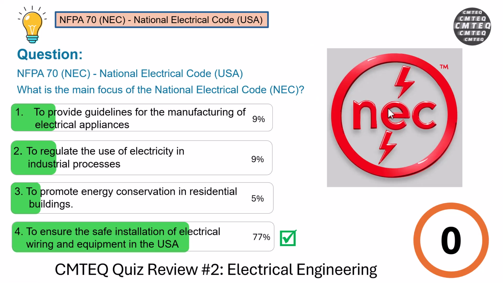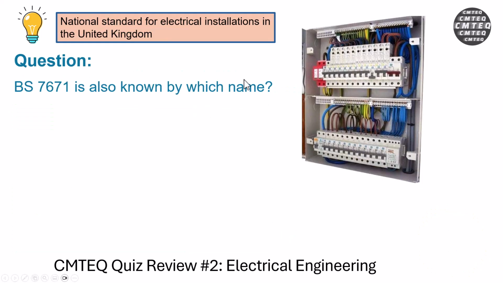Great. Now off to the last quiz review of the day, and this question is also related to electrical wiring standards, but this time around in the United Kingdom. The question is, BS 7671 is also known by which name? Now, this is specifically for our viewers in the United Kingdom.